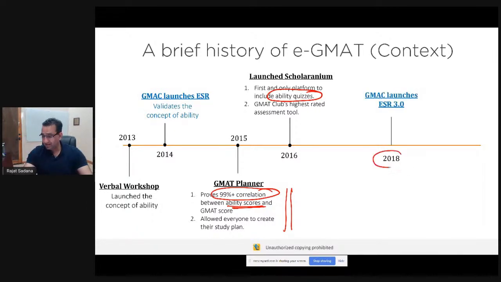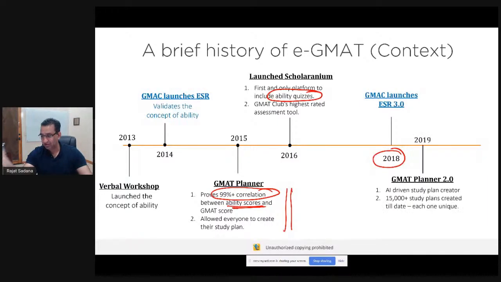In the year 2018, GMAT launched their enhanced ESR, or what I call ESR 3.0. In the year 2019, we launched GMAT Planner 2.0, which is an AI-driven tool that allows each and every one of you to create your study plan. In the last 7 months, we've had upwards of 15,000 study plans created. Each one of these study plans is unique, and it takes about 7 minutes to create.